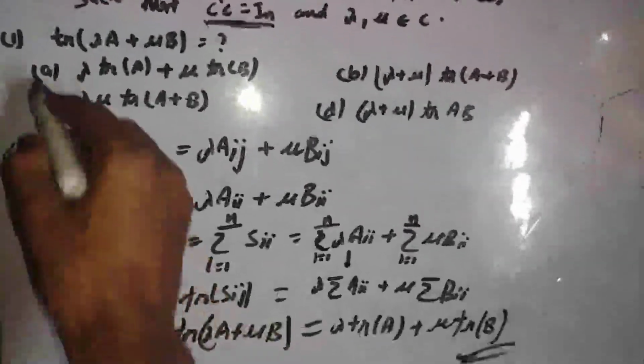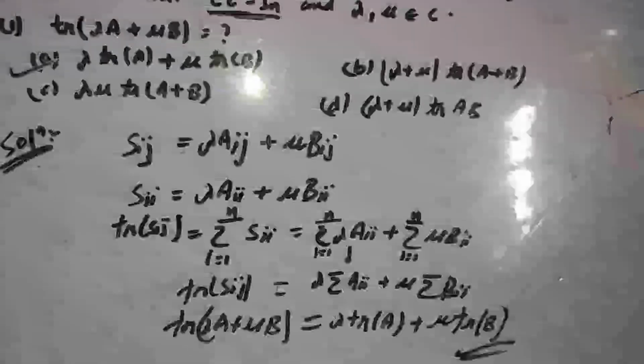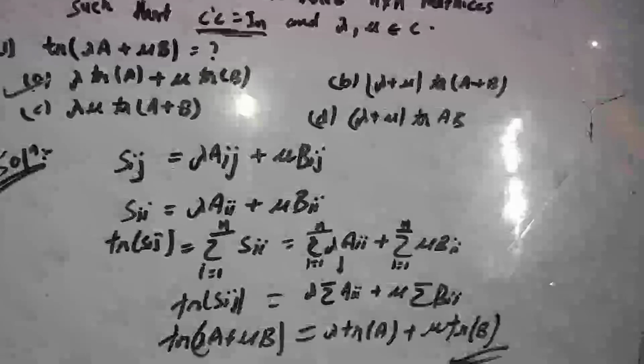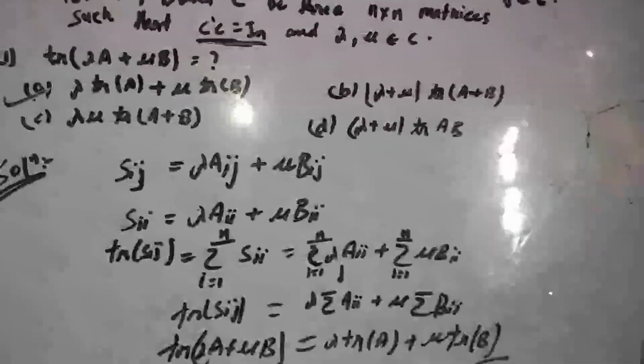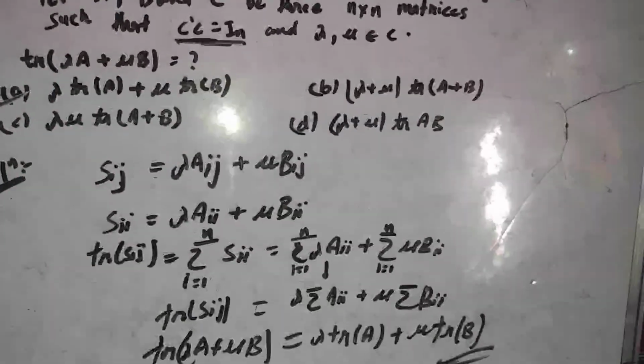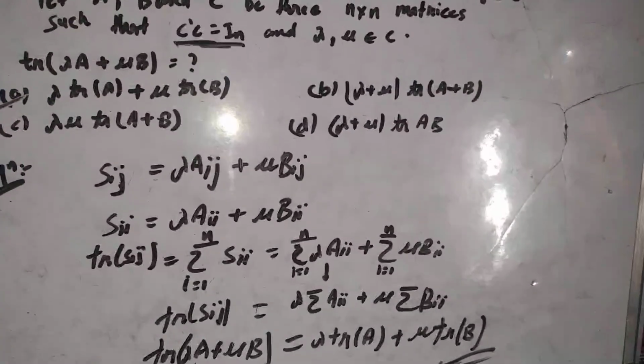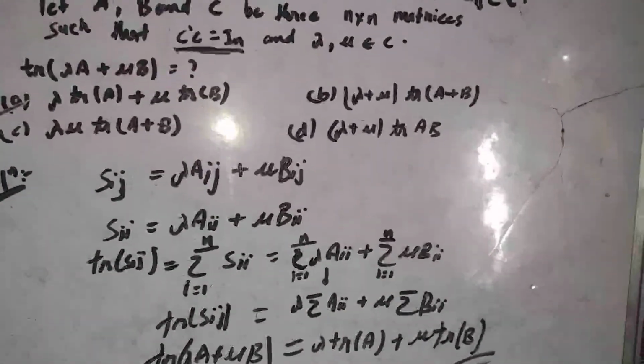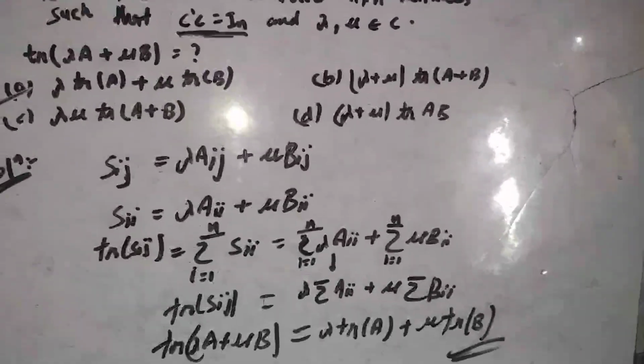We can see that this is option number A. So we actually proved that the trace of lambda A plus mu B equals the trace of lambda A plus the trace of mu B, and we further expand that as lambda trace of A plus mu trace of B.